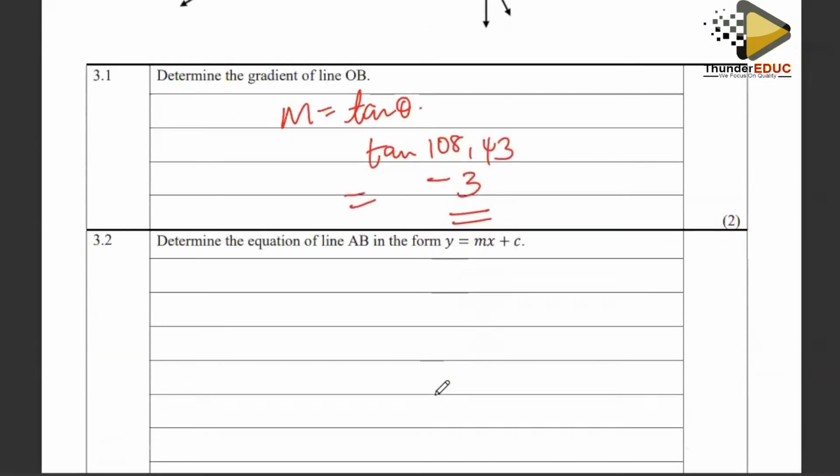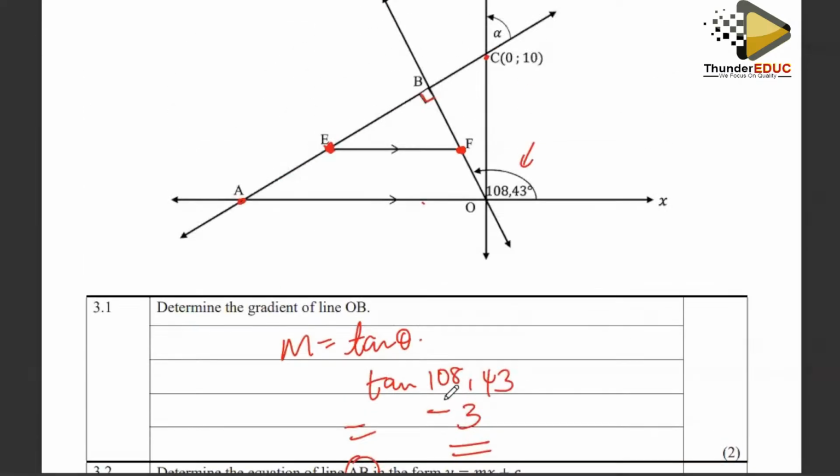Then 3.2, we must find the equation of AB. What do we know about AB? We only have one point, which is the y-intercept, and this y-intercept is at 10. We don't know the gradient of this, but we have the gradient of OB. Since the lines are perpendicular, the gradient of AB multiplied by the gradient of OB should give us negative 1.